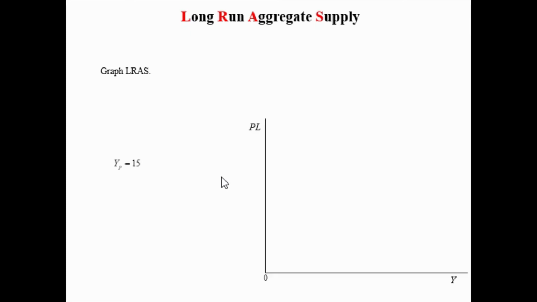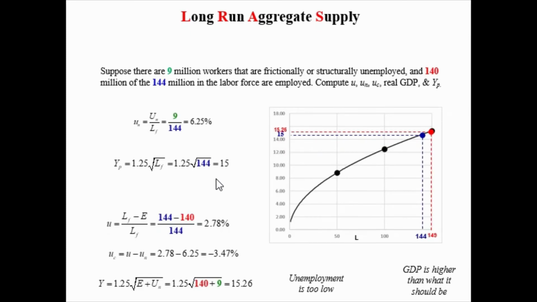Okay, so we're going to graph long-run aggregate supply. Long-run aggregate supply is the value of what GDP should be if the economy were fully employed, if all resources are being utilized at 100%. So the key here is, what is potential GDP? Potential GDP is 15. It's fixed in the short run. Why is potential GDP fixed in the short run?